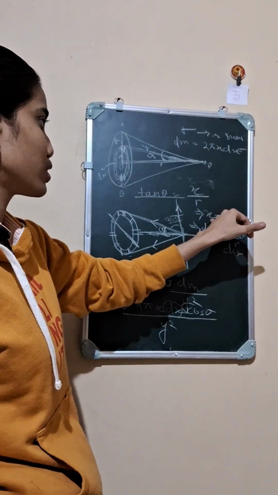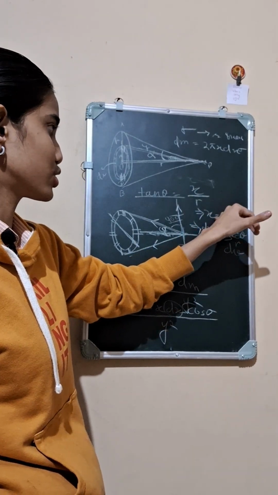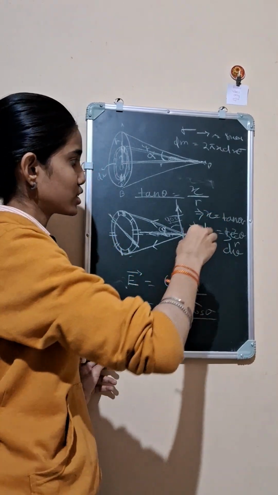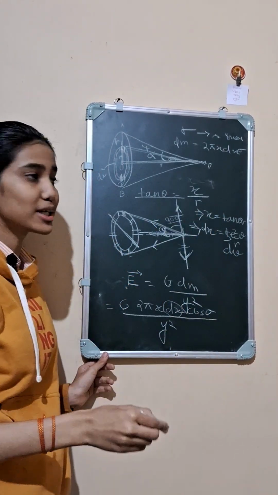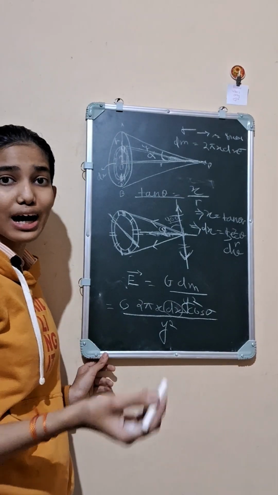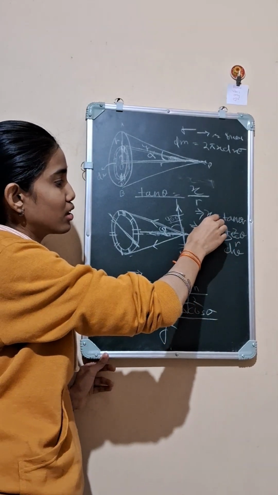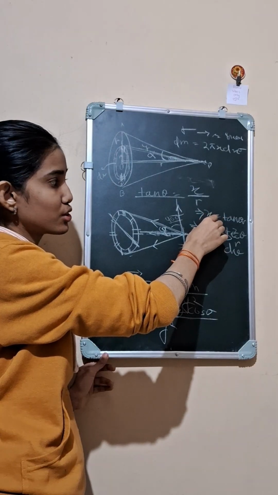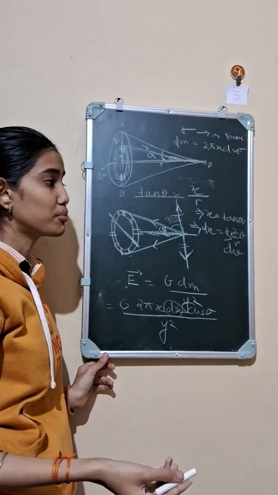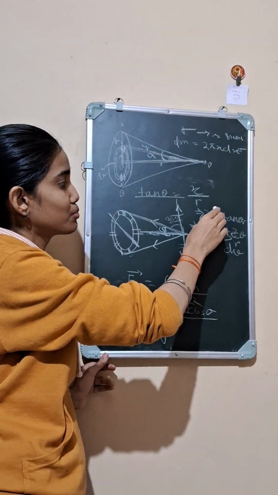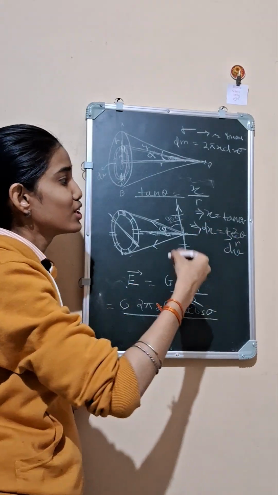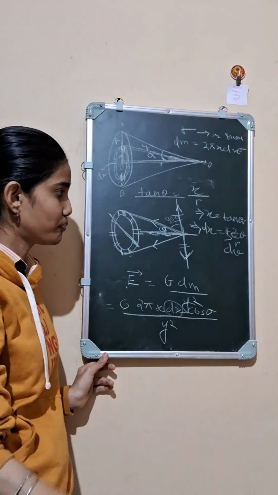Actually I am going to differentiate the equation x equals r tan theta with respect to theta. If I differentiate this, it will be dx by d theta, and this will be equal to sec square theta r, and therefore after cross multiplication I will get dx equals sec square theta r d theta.